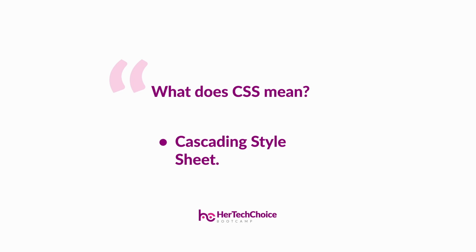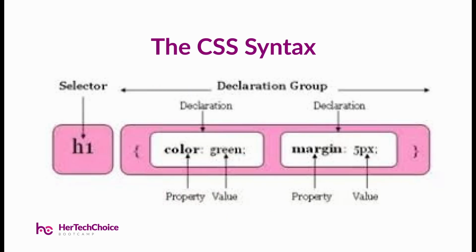For example, if there are multiple style sheets controlling a particular HTML document, CSS will take note of the important styling and apply it to the HTML. This will be fully explained when we talk about CSS specificity, but that is what cascading means. And that is the major rule that guides CSS generally.